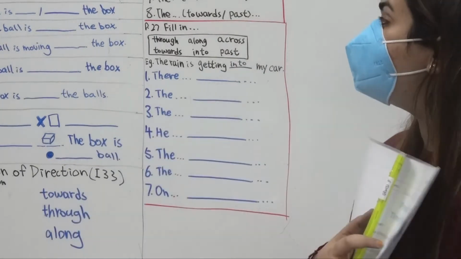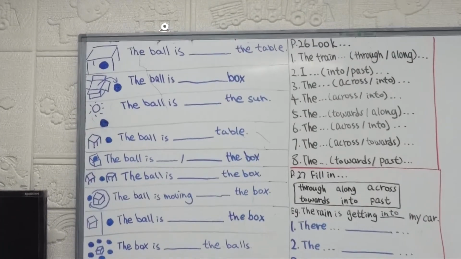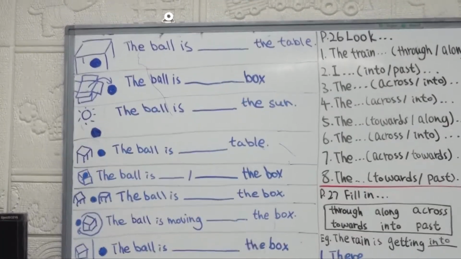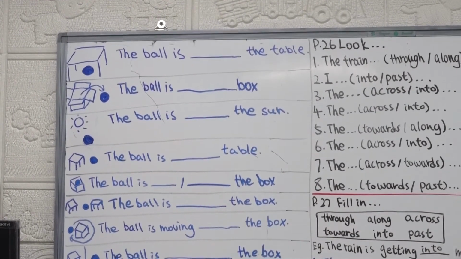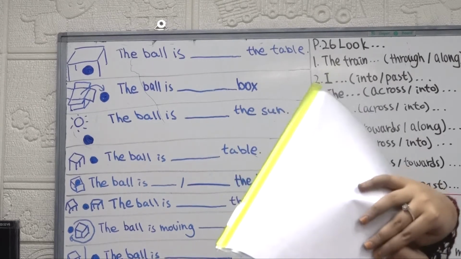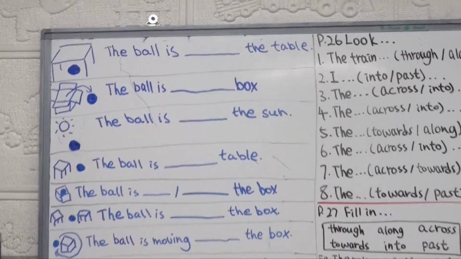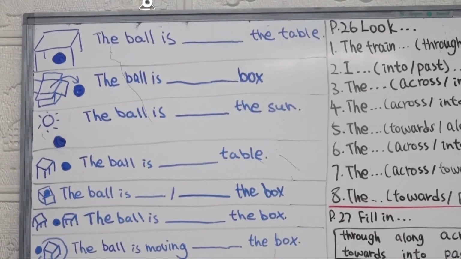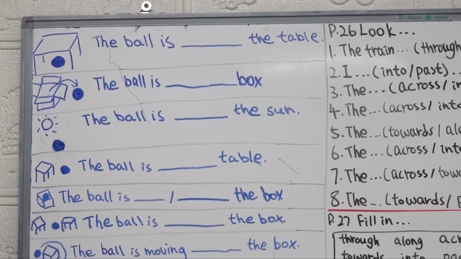Before we move on to our new topic, we will be doing some revision of the prepositions we have learned from this page. So please do me a favor, close your book and put it on the table like this. I don't want you to look at the book, okay? Here I would like you to use the appropriate preposition to fill in the blanks. I'll repeat the prepositions once before we do the exercise.